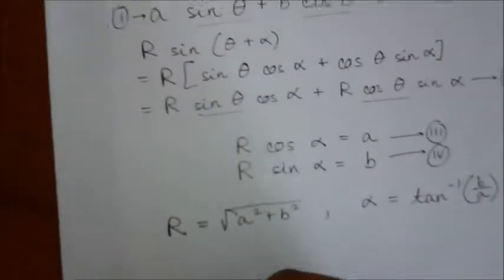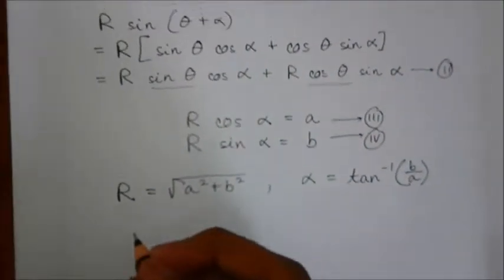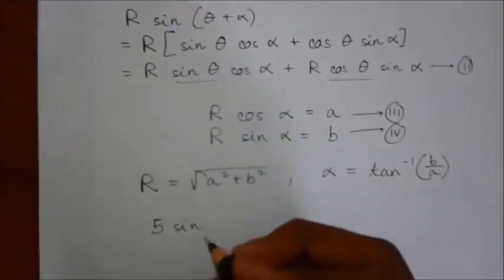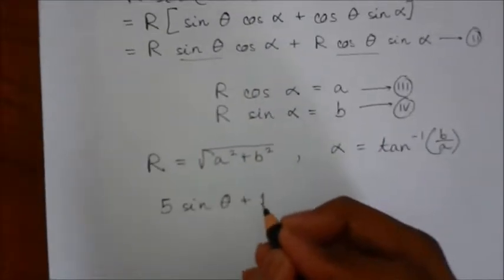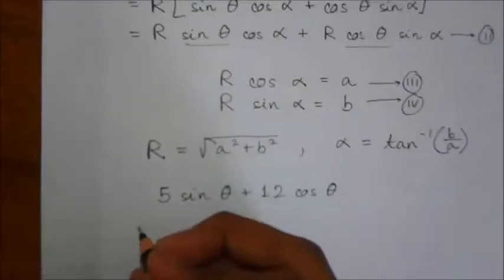So let's take an example over here. If we take 5 sine theta plus 12 cos theta.